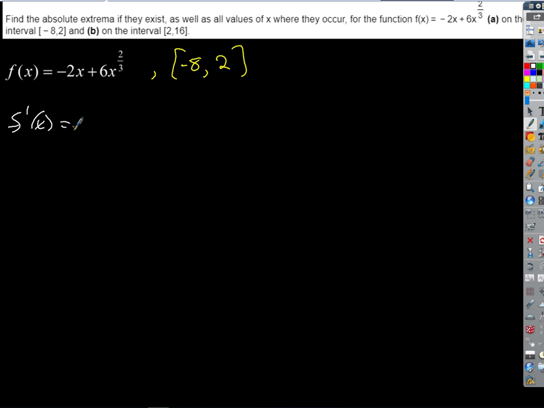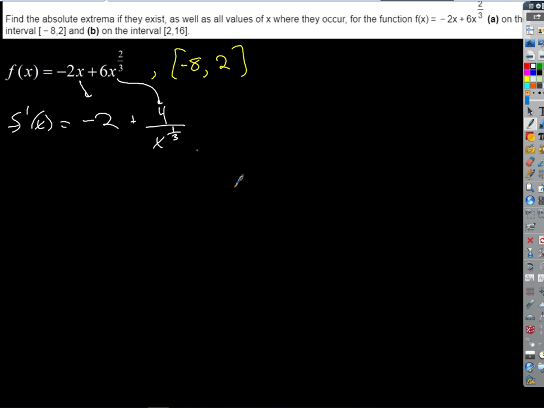So f prime of x is going to be -2, which we get from the first term, plus 4 times x to the -1/3, because the derivative of x to the 2/3 is 2/3 x to the 2/3 minus 1, which is -1/3. Let's write it as 4 over x to the 1/3. So there's our derivative.